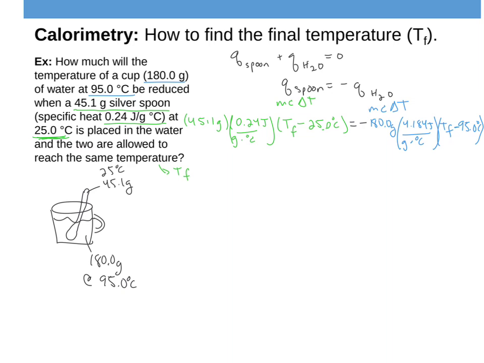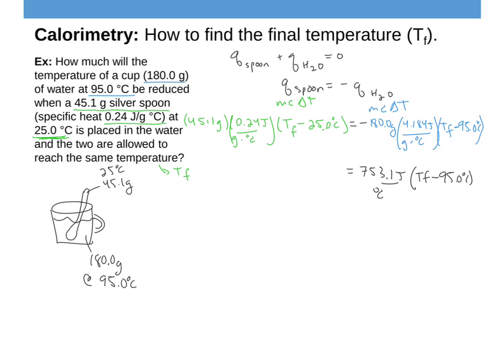So if I take my 180 and I multiply it by my 4.184, I'm going to get 753.1 joules per degree Celsius times this TF minus 95.0 degrees Celsius.